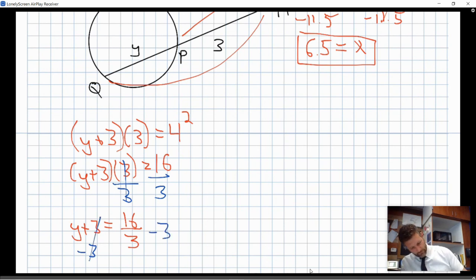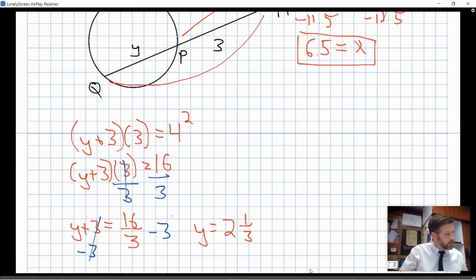And so then we get y equals 5 1/3 minus 3, we get 2 1/3. You could put that in decimals. I didn't because you can't round a third accurately or completely. So 5 1/3 minus 3 gives you 2 1/3. So your y there is 2 1/3.